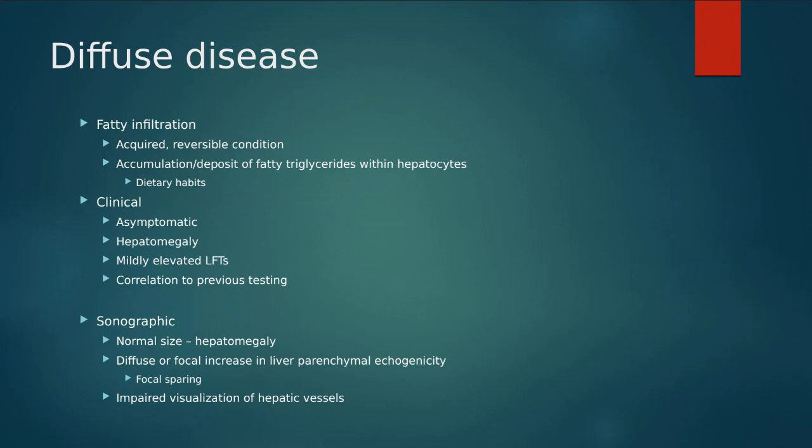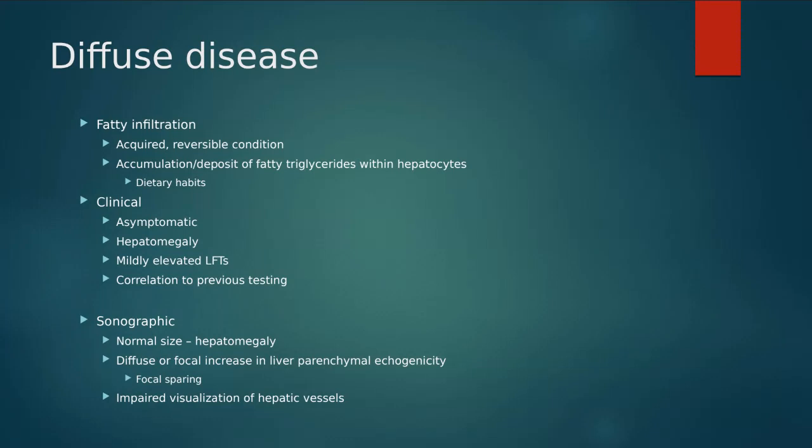This is when we have this overwhelming accumulation of fatty triglycerides that get stuck within the functional cells of the liver. And this is pretty much mainly only contributed by dietary habits, and some medications can cause this as well. So this is something that is very easily preventable. It is a reversible type of condition.